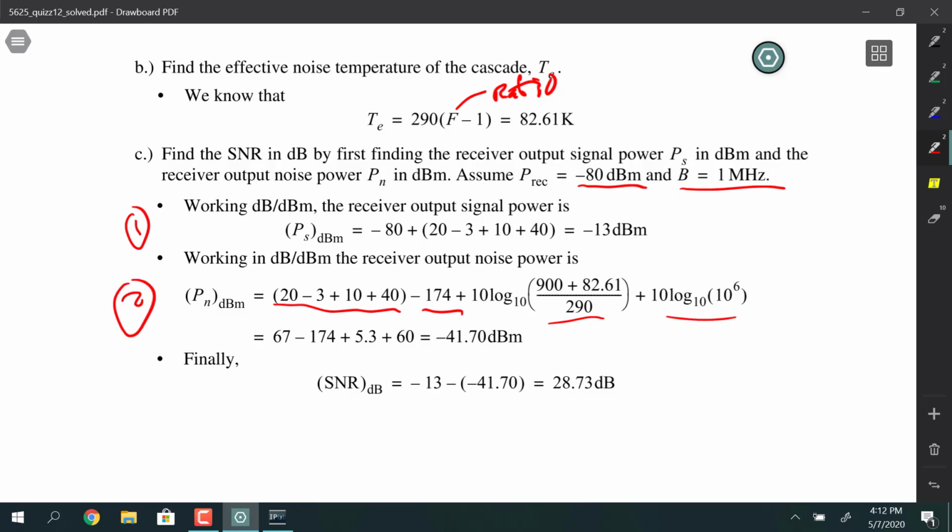And that ends up being minus 41.7 dBm, whereas the minus 80 dBm gets gained up by 10, down by 3, up by 10, up by 40 dB. And then we do the subtraction, and we're sitting at a value of 28.73 dB signal to noise ratio.